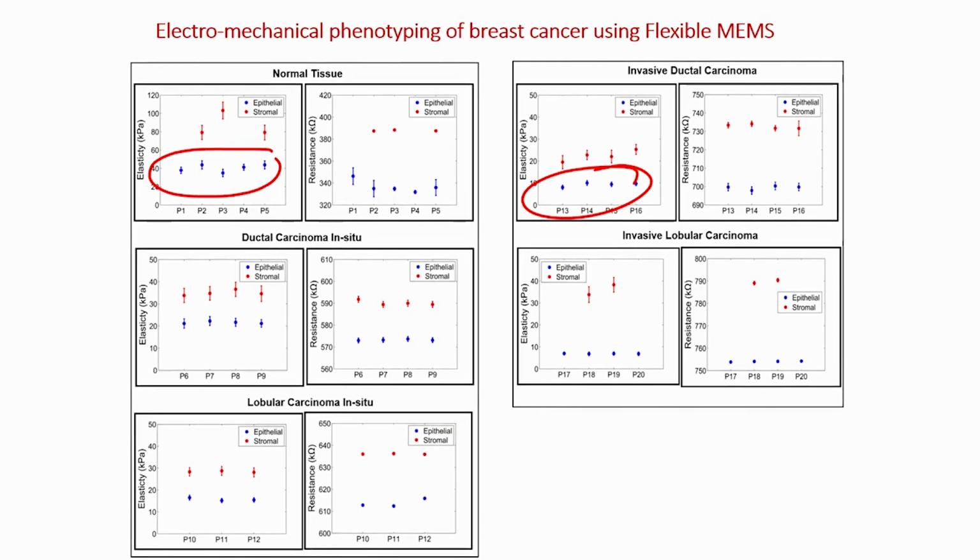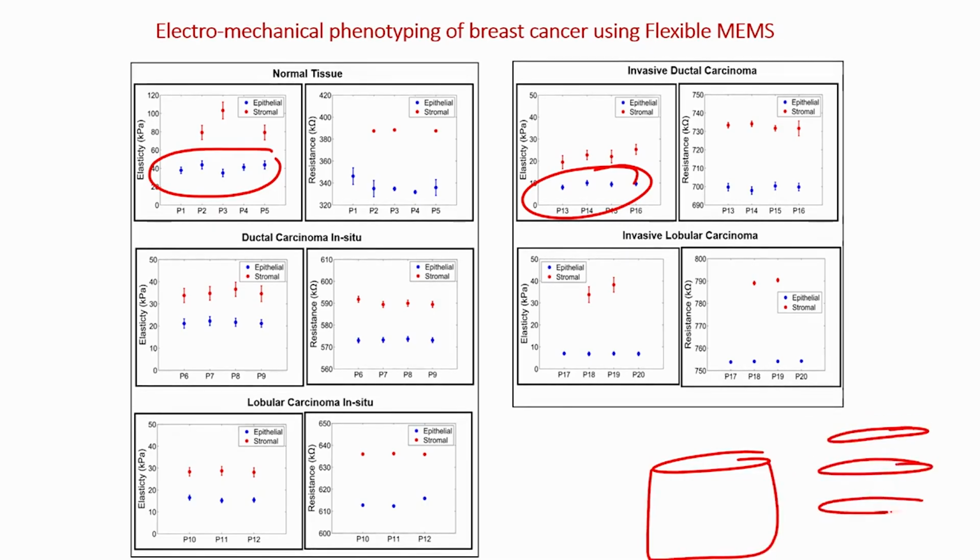Now, if you see in terms of elasticity, how come the elasticity of a cancerous tissue is less compared to normal tissue? Because we have now cut the tissue which is from biopsy into slices, thin slices. This slice thickness is close to 10 micrometer.